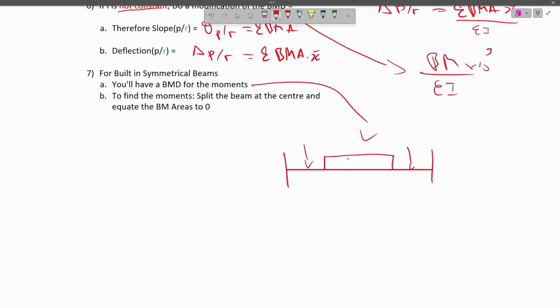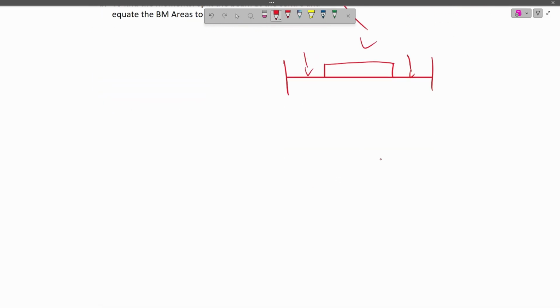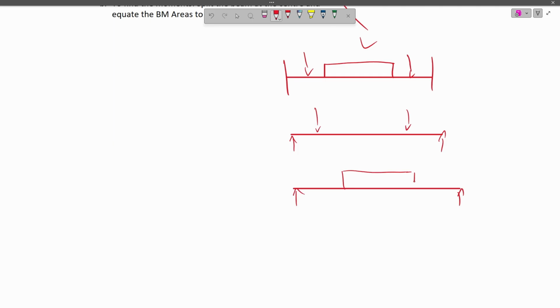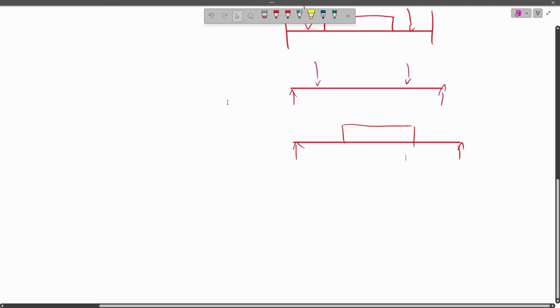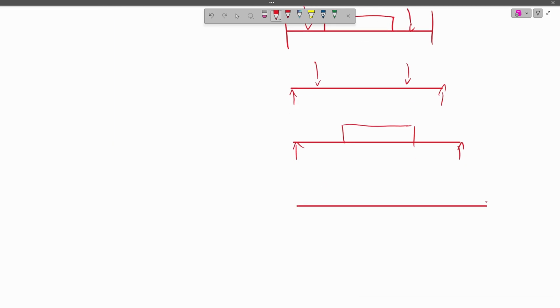Then you'll have a beam for the point loads, a beam for the UDL, and a beam for the walls.